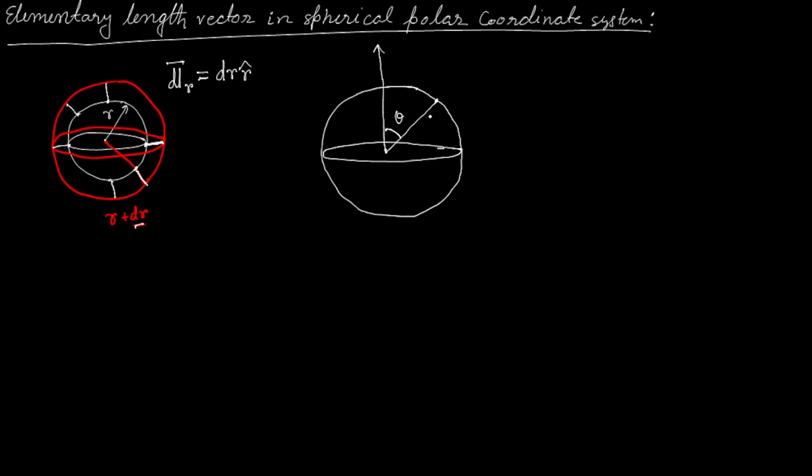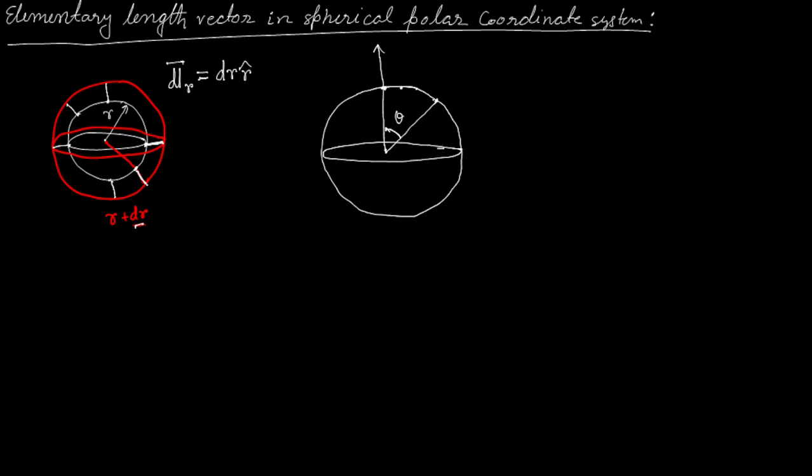Now keeping the value of r and phi fixed, if we want to increase the value of theta, when you take this point on the z-axis, theta will be 0 because we are measuring theta with respect to the z-axis. If you come here, then theta will increase.